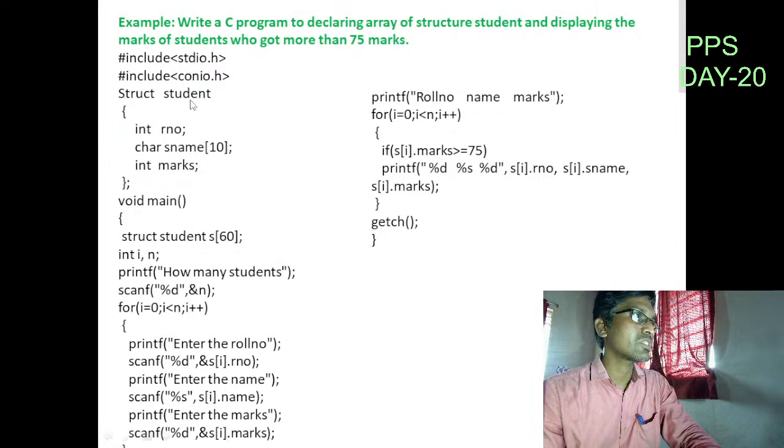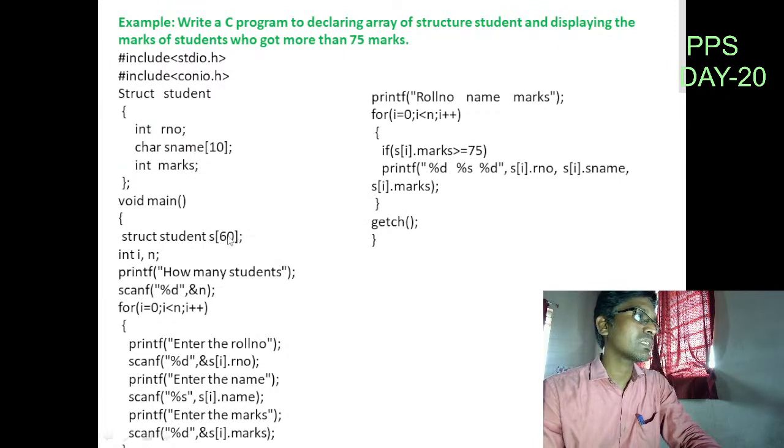The structure name is student, followed by roll number, name, and marks, and I'm going to create the structure variable by using struct, followed by student, followed by s. So here s is a structure variable, and I'm going to read up to 60 students' data. That is the maximum size of my array.